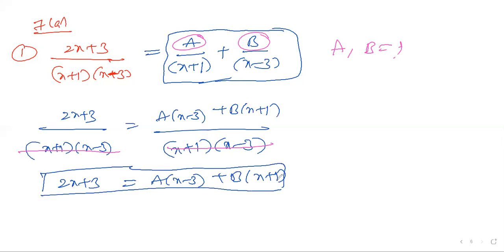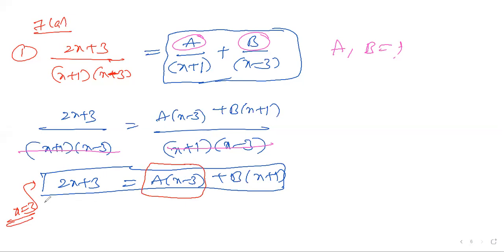After this, I am taking x is equal to 3 on both sides. X is equal to 3 means this A is going to be cancelled, since 3 minus 3 is 0, and I'll get the B answer.